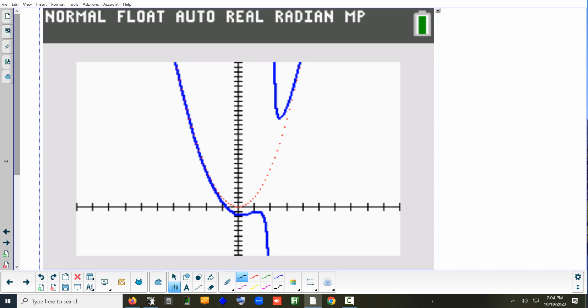The blue seems to make a parabola of the red one. Yeah, so the blue one is like a parabola that somebody cut in the middle and then broke the two pieces off and then bent them the other way. So it could have been a parabola, but it was cut and then bent apart. And now look at the red dots and look at the blue curve. What do you notice as you keep heading up and to the right?